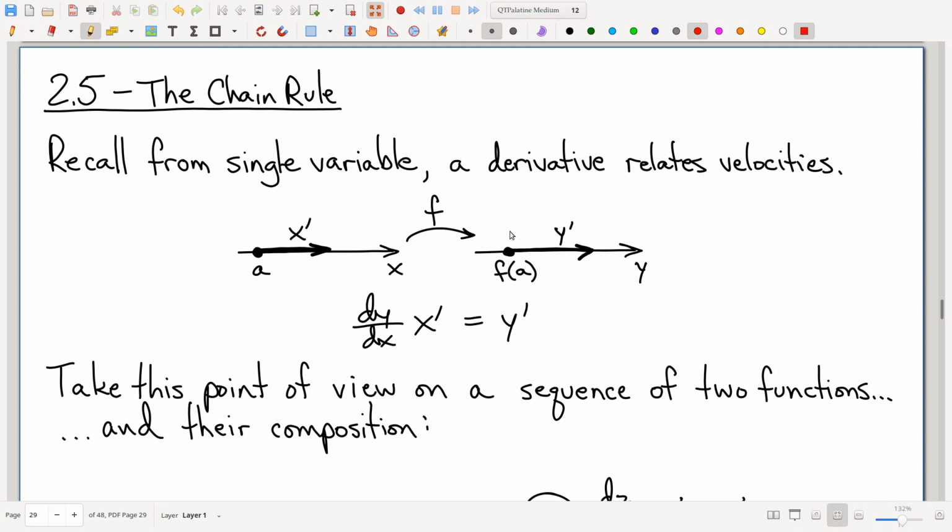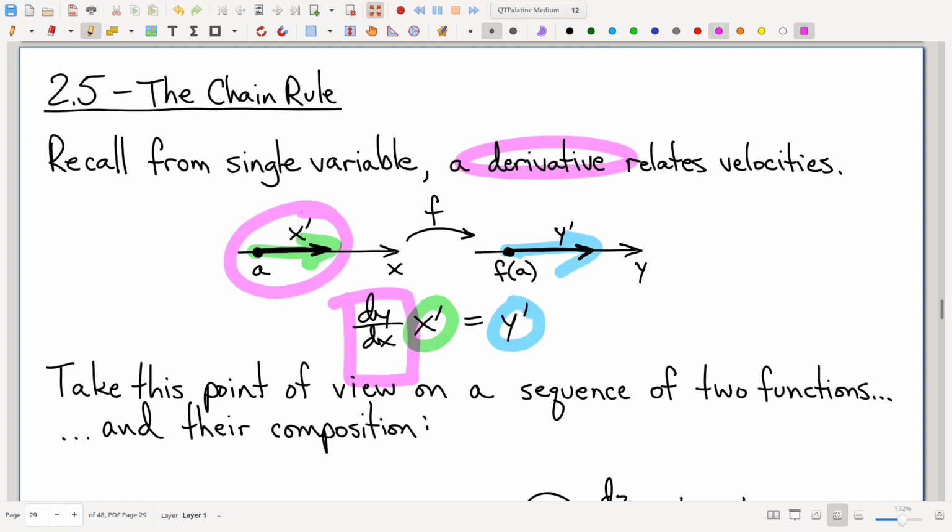I'm going to start with a particular point of view on derivatives, and we've talked about this one before. A derivative, among many other interpretations you could take, is a relationship between input velocities and output velocities. Right? A derivative is what you multiply, or what you do, let's keep it general, to input vectors to get output vectors.